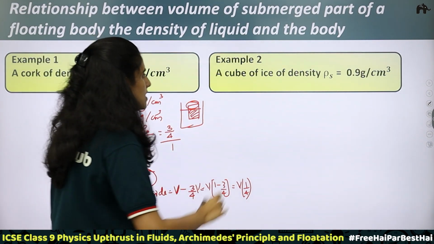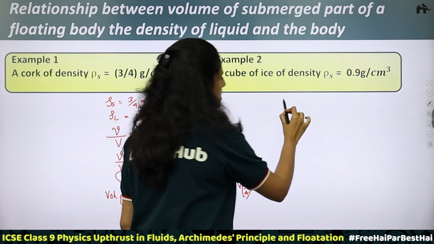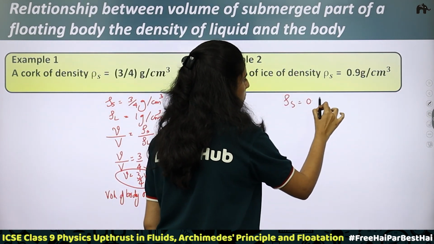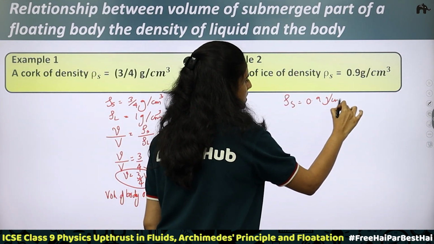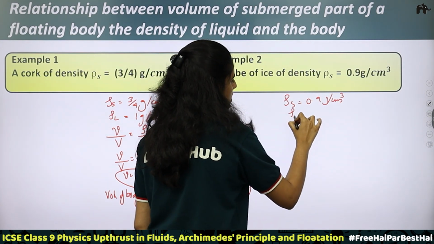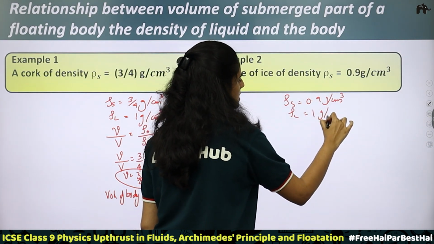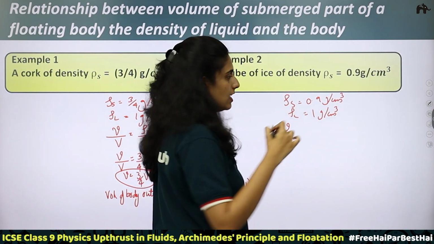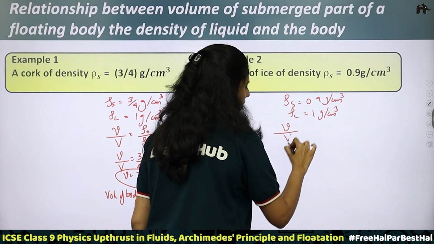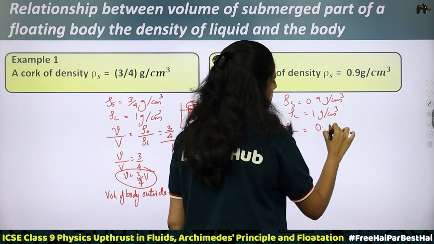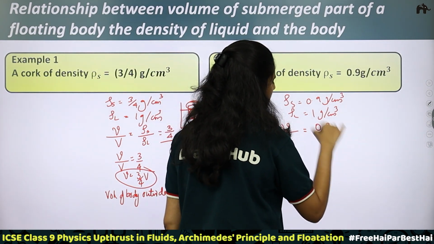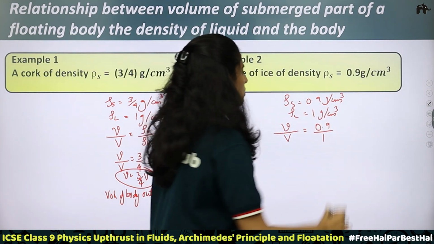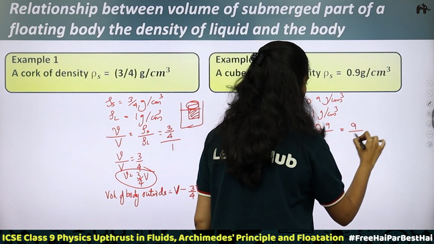Okay. Now, next example, a cube of ice of density rho S is equal to 0.9 gram per centimeter cube. So, density of the liquid is 1 gram per centimeter cube. Okay, so volume of the body that is immersed divided by total volume is equal to 0.9 divided by 1. Okay, which is equal to 9 by 10.